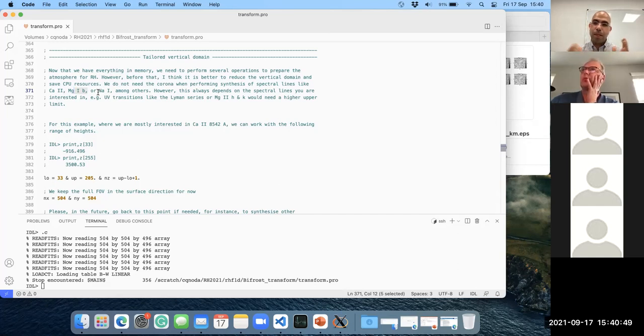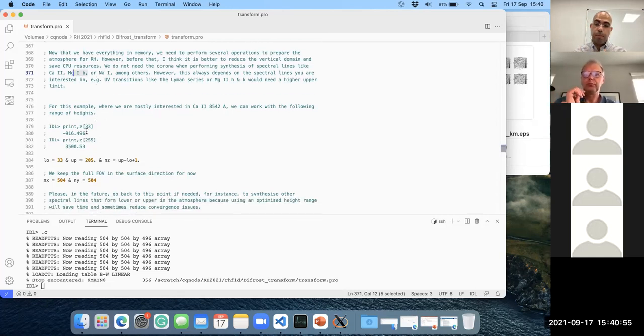Okay, so my advice is to just cut it in a reasonable region. In this case, I'm proposing from -1000, which is in fact very deep, but just to be on the safe side, up to 3500. That also is very high in the atmosphere for calcium infrared lines, which on average form between 1000 and 1500, but again to be on the safe side.